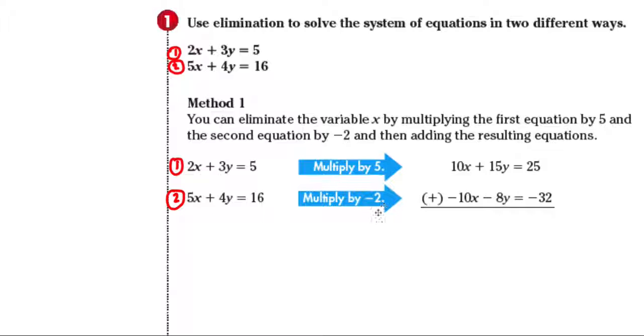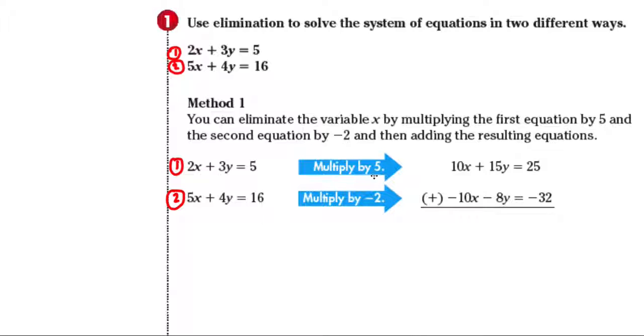It's because if you multiply by negative 2, you don't need to use a subtraction method to eliminate the variable x. Basically, you want to find the LCM of the coefficients. In this case, we found the LCM of 2 and 5, which is 10, and instead of 2, we multiplied by negative 2.